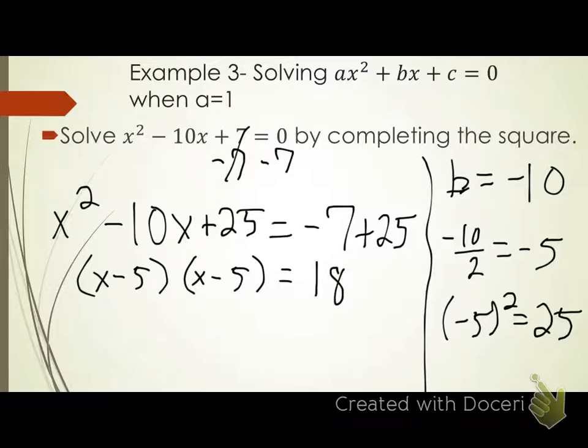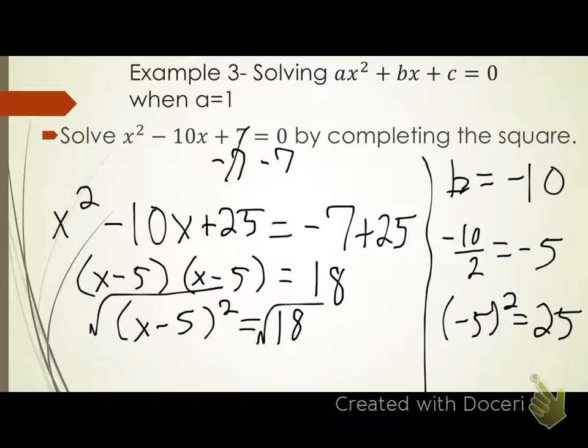Everyone with me so far? So this is x minus 5 squared, which equals 18. And now what do I need to do to solve for x? Square root. Take the square root of both sides.